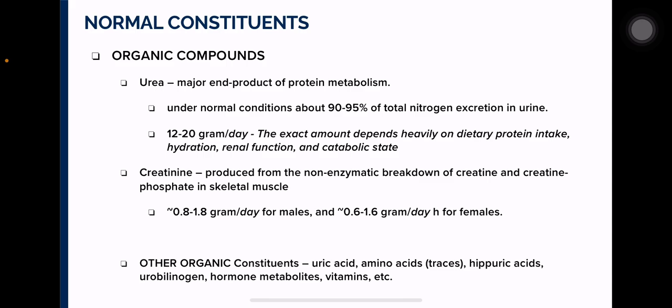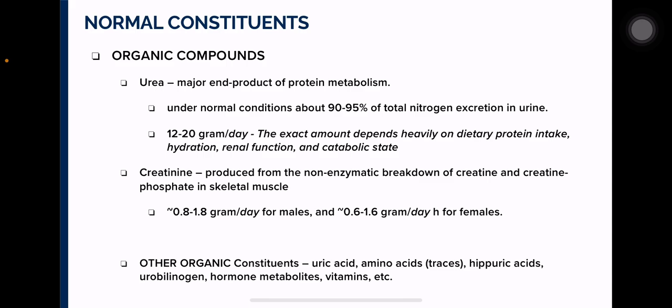For males, 0.8 to 1.8 grams per day, while females, on the other hand, will have 0.6 to 1.6 grams per day. We also have others such as uric acid, amino acids, urobilinogen, vitamins, hormone metabolites, etc. So knowing the normal baseline helps us detect abnormalities later.